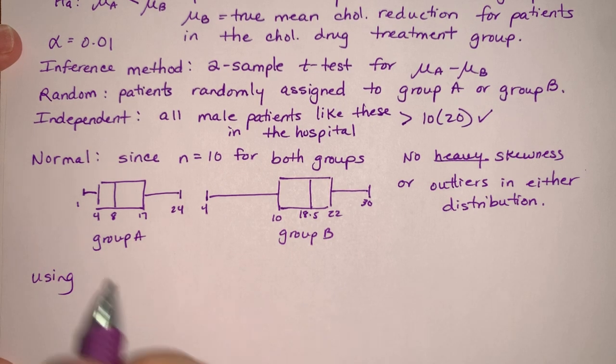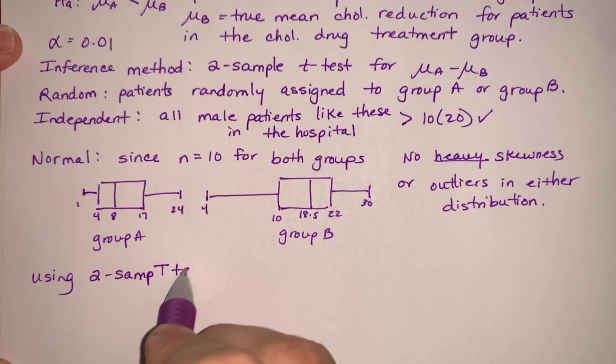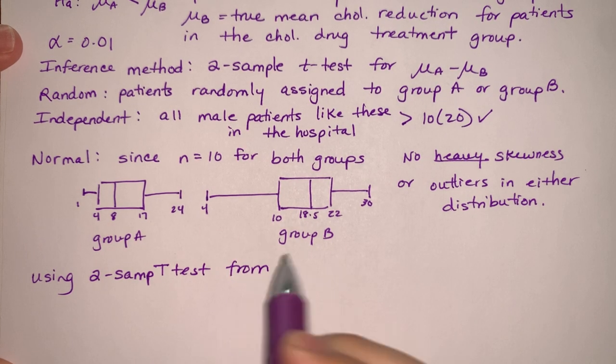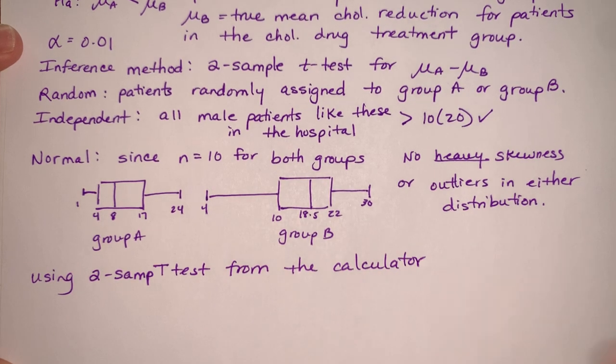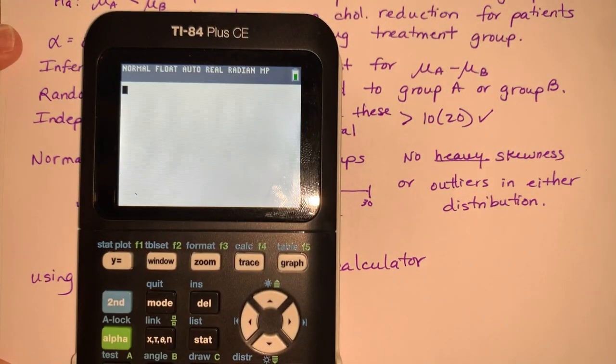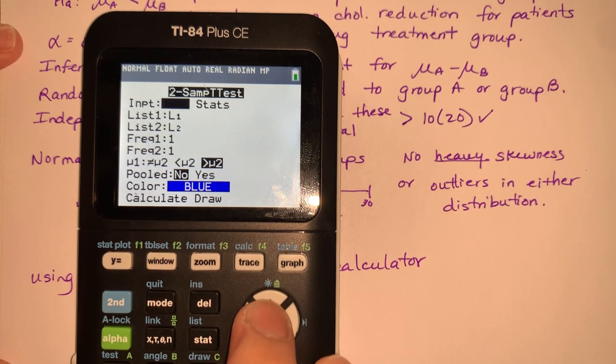All right, and then finally, we've got to do our calculation. So it's going to be using 2-SampTTest from the calculator. All right, so let me go ahead and do my test. 2-SampTTest for list 1, list 2, frequency.